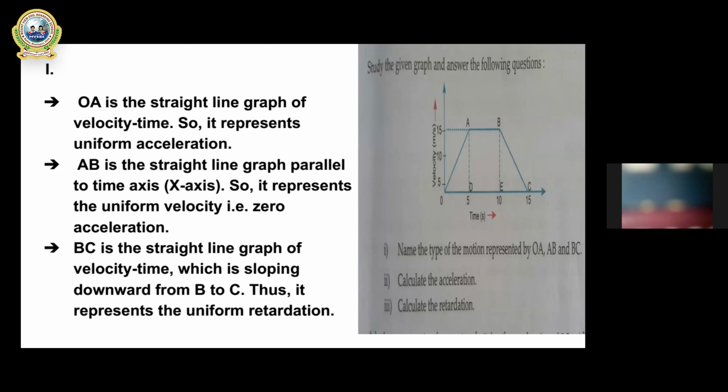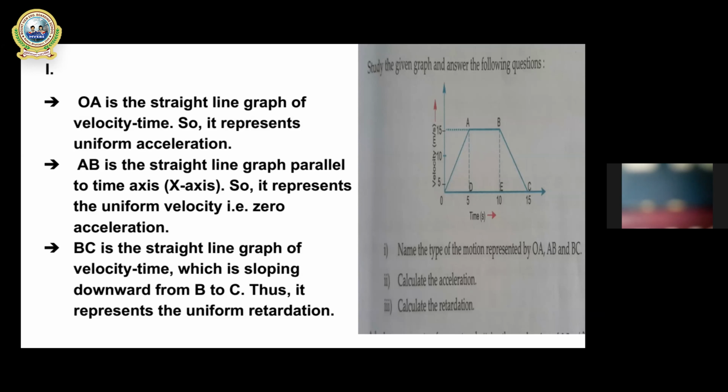That its acceleration is zero. So the motion shown by the line AB has zero acceleration, meaning its velocity is uniform. Got it? The line AB represents uniform velocity, that is zero acceleration.